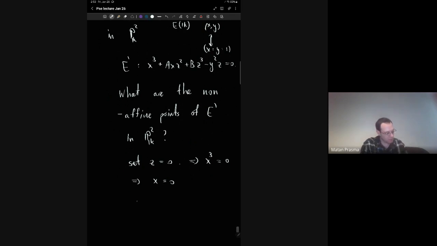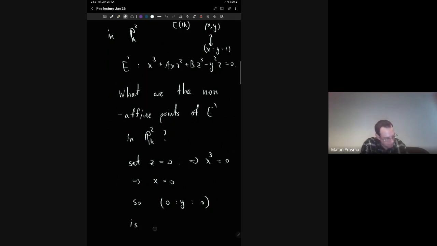So (0, y, 0) is a solution, is a point. In fact, it's the only point.